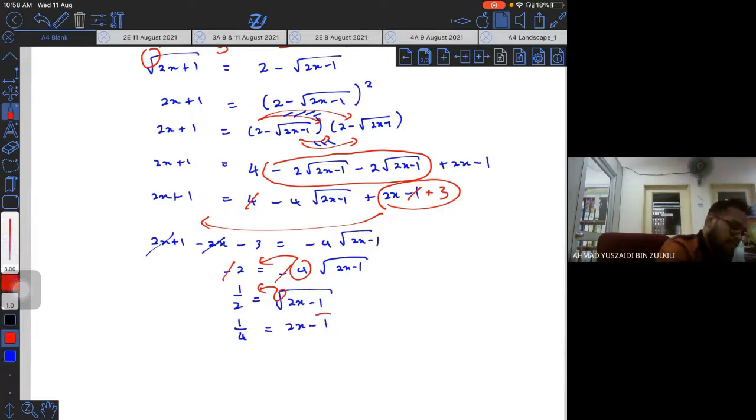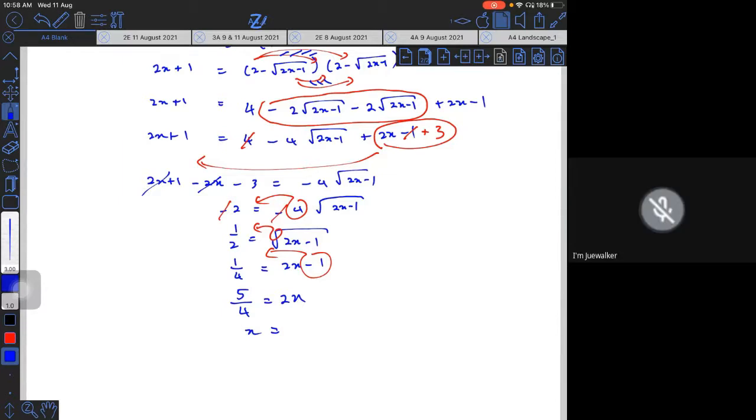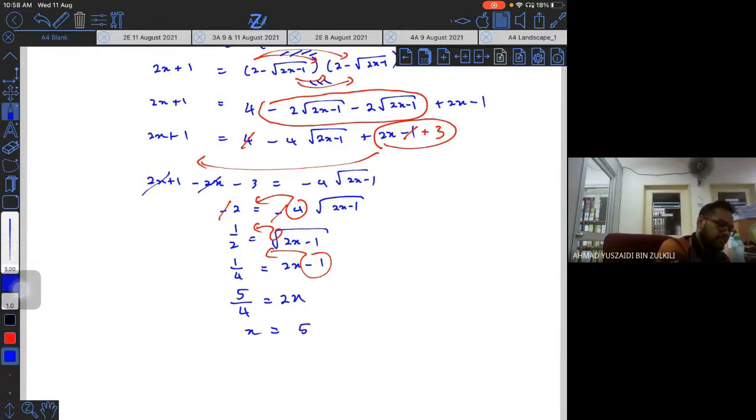And then this one, algebra as usual. Move it 1 by 1. So this one becomes 5 over 4. So 2x. And your final answer for x equal to what? x equal to 5 over 8. 5 over 8. Correct. Okay, 5 over 8.